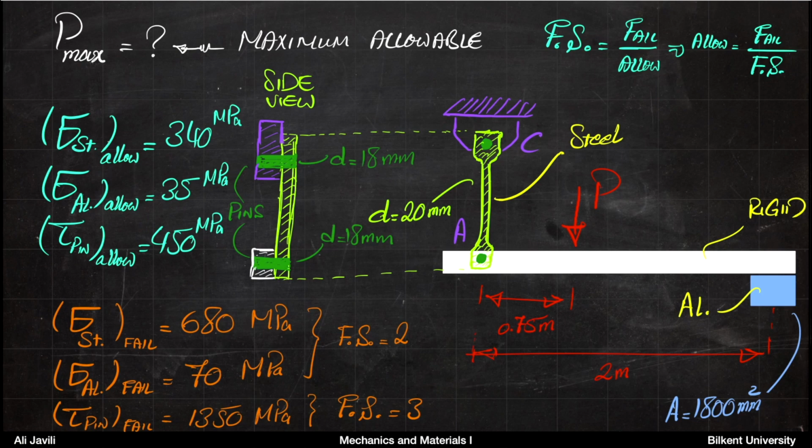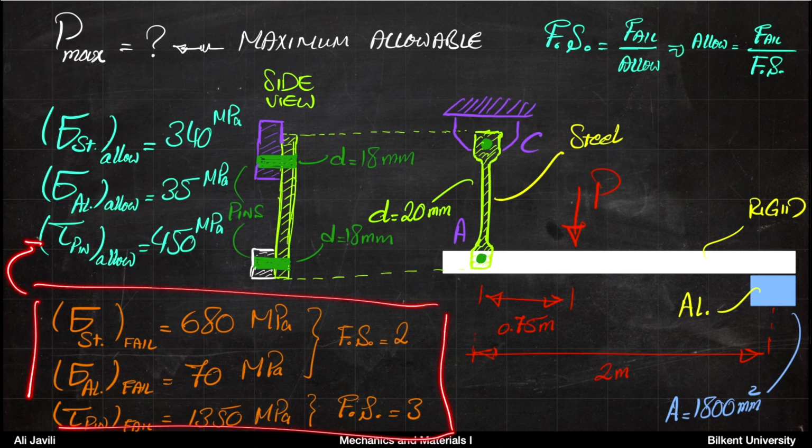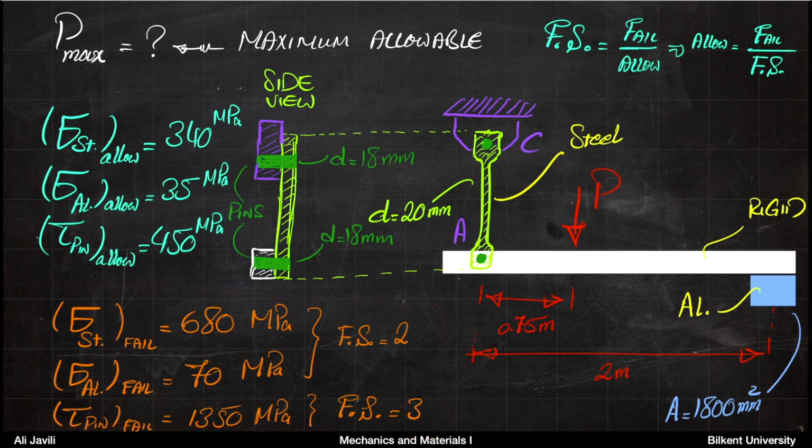So remember, we want to design this according to the allowable stress. Although the failure values are given here, we need to design according to the allowable values, and also remember, factor of safety is essentially the failure values divided by allowable values, or allowable values are failure values divided by factor of safety. So we transform the numbers to allowable values.